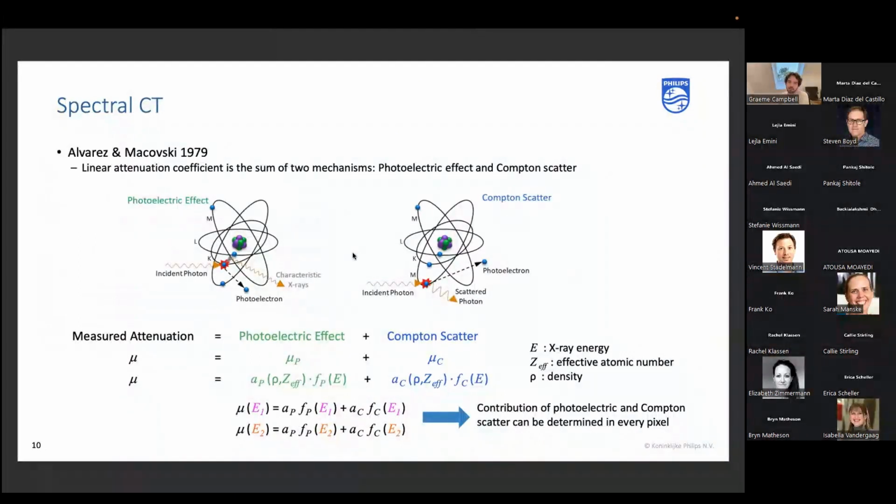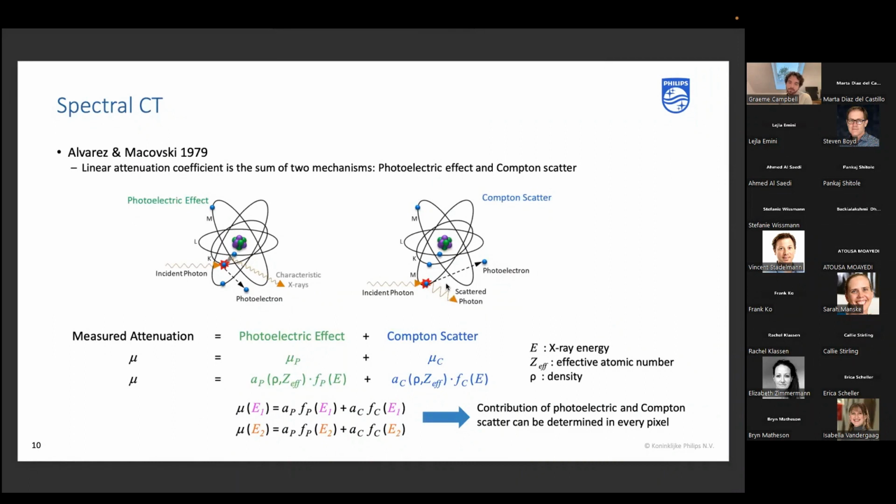But in the region of energies of CT, we're typically seeing two things happen. The photons are either absorbed when it gets to the K edge of the material. The energy is too high to get to any of the outers, but some high atomic number elements will then cause the photoelectric effect to occur.